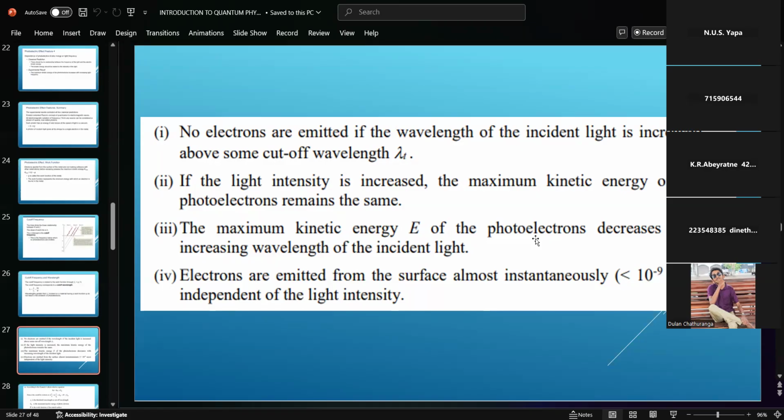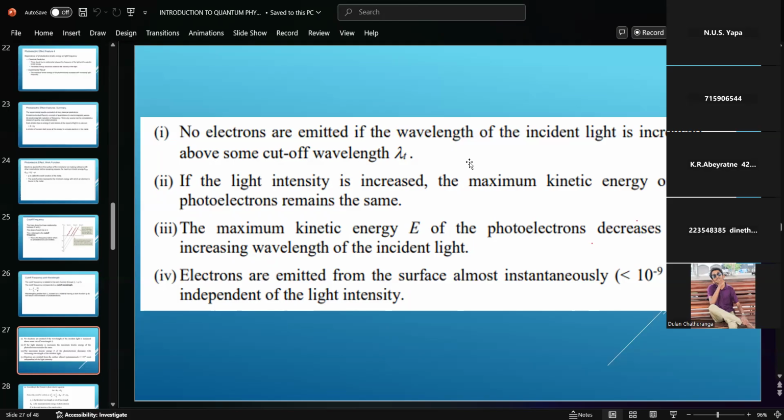The first result: no electrons are emitted if the wavelength of the incident light is increased above some cutoff wavelength lambda c. This is one experimental result.